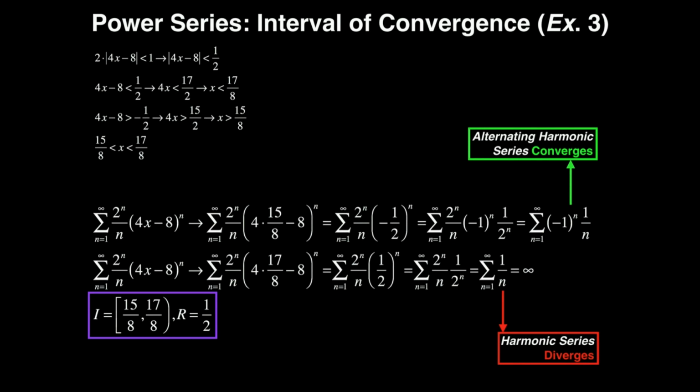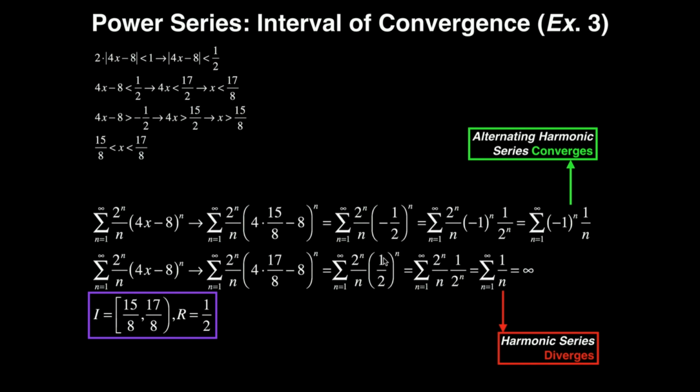All right, now for the second endpoint, 17 over 8, let's do the same thing. If we plug that in for x, we have the series from n equals 1 to infinity of 2 to the n power over n times the quantity 4 times 17 over 8 minus 8 raised to the n power. Not surprisingly, all this in the parentheses adds up to be 1/2 raised to the n power, and we can play the same game from before.